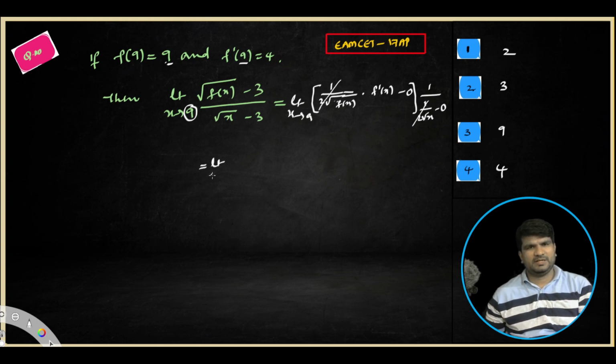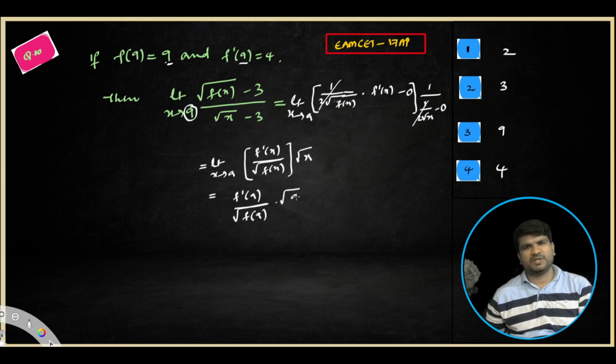So limit x tends to 9 of f dash x by root f of x, into 1 by root x, means root x.